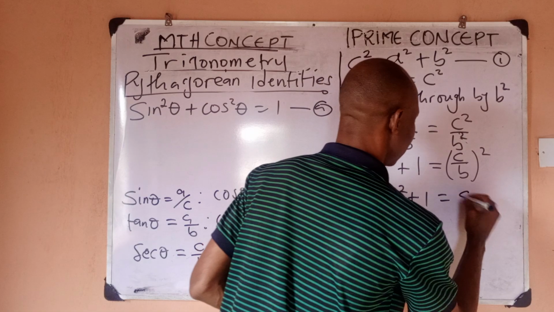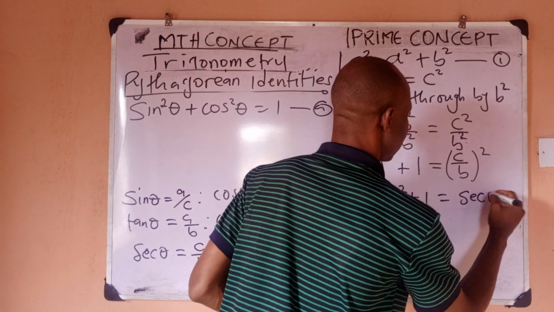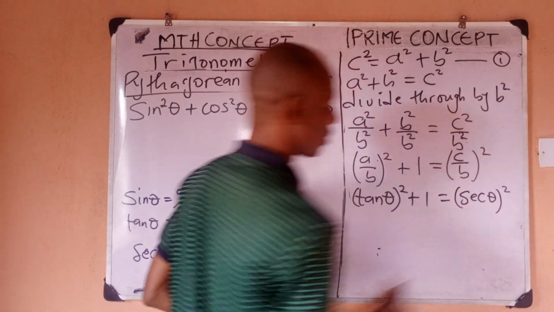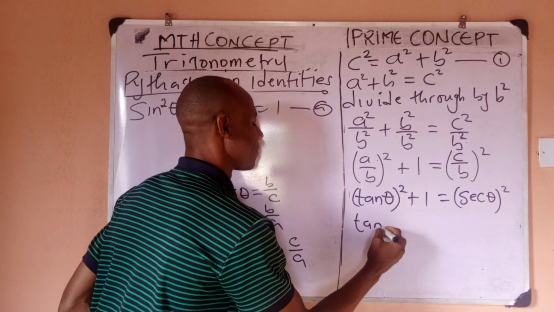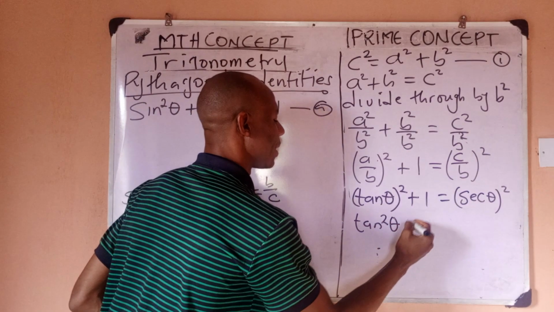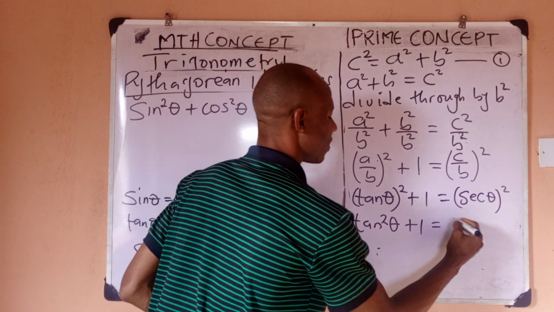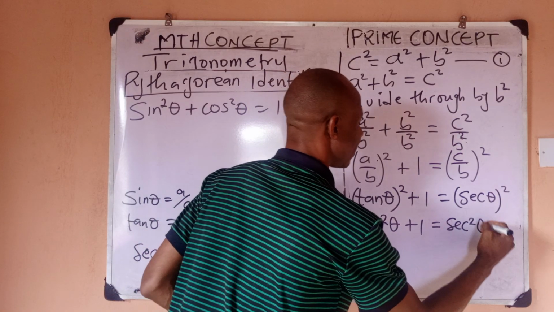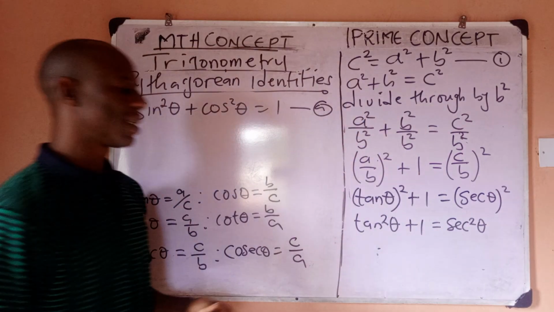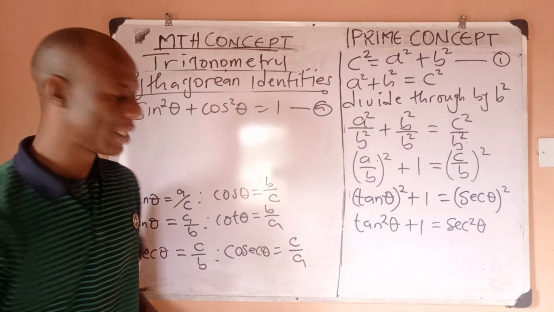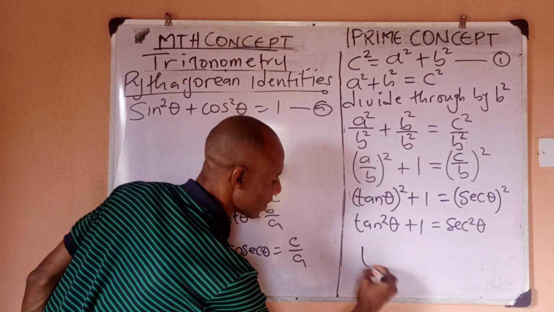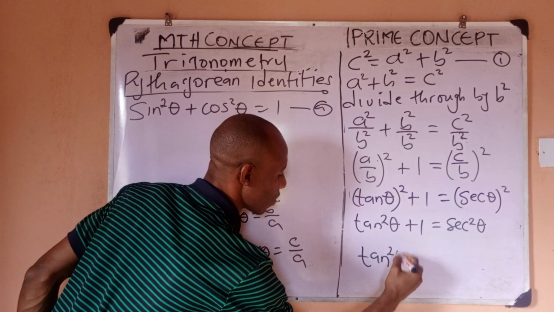So I'll say sec θ all squared. So which simply means I can write this as what? Tan²θ plus 1 equals what? Sec²θ.